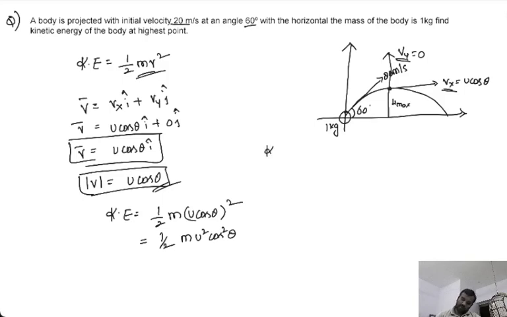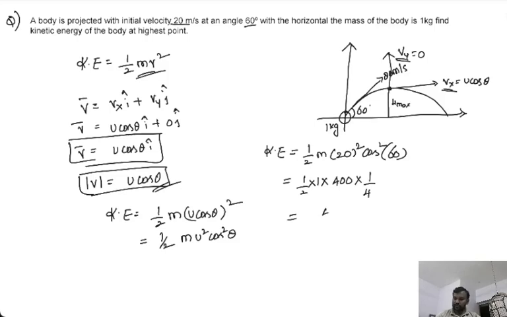Now kinetic energy KE is equal to 1 by 2 m into u value. How much is it in the question? 20. So 20 whole squared, cos squared of the angle, and how much is the angle given? 60 degrees. Cos 60. Then 1 by 2 into mass, which is 1 kg. So 20 squared means 400, into cos 60 value 1 by 2 squared, which means 1 by 4.